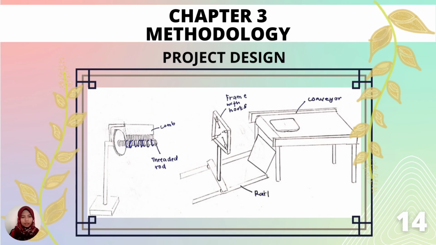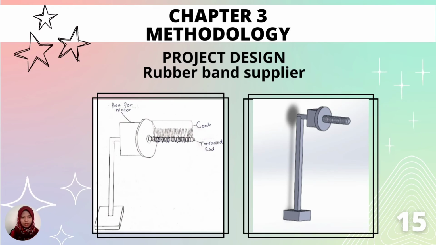For the rubber band supplier, the threaded rod will rotate and the comb will separate the rubber bands one by one. These are the details of the rubber band supplier, the sketching and the design by SolidWorks. The rubber band supplier will be equipped with bolts and a motor to rotate the threaded rod.